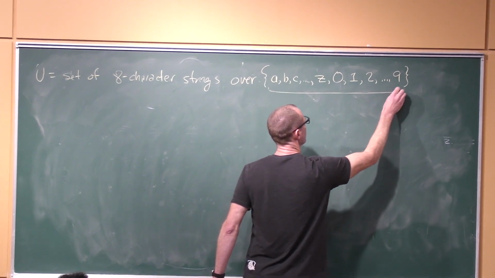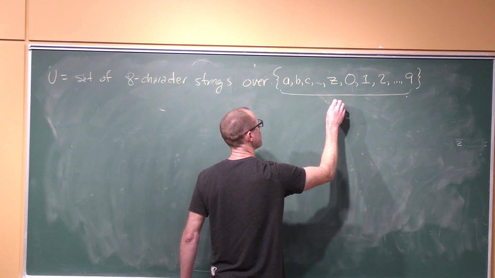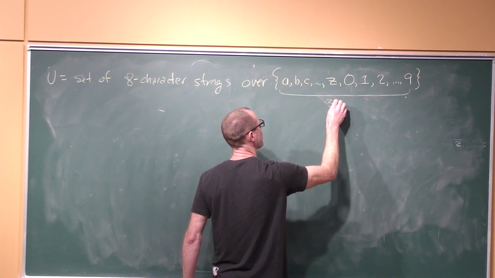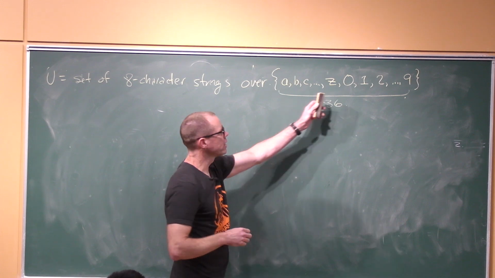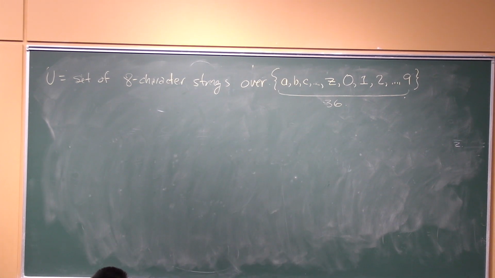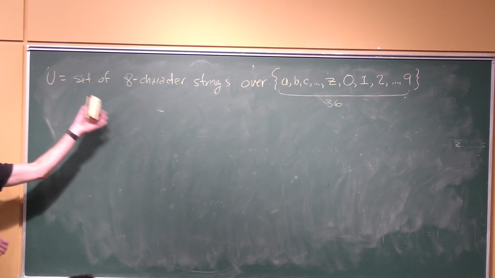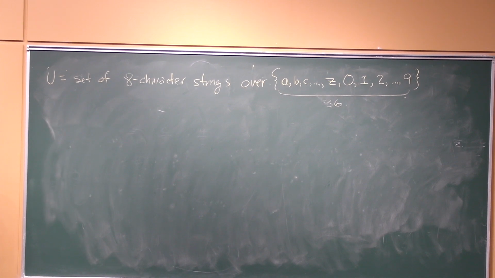Okay. So this is a set of size 36, 26 letters and 10 digits. So that's U. Think of this as just 8-character strings, basically, that only use basic things.